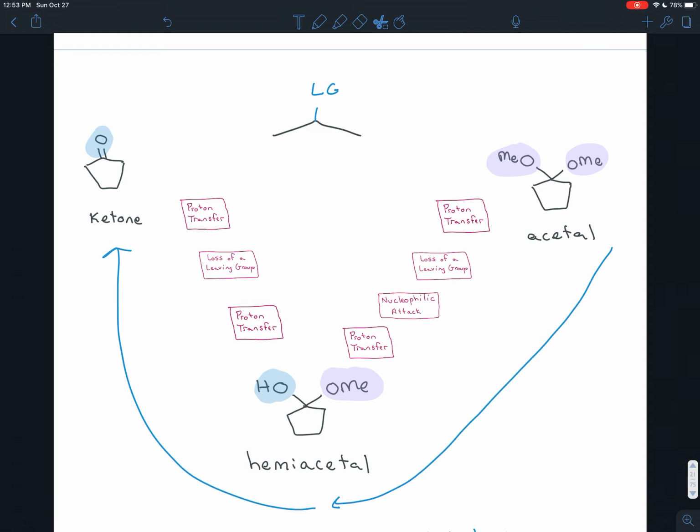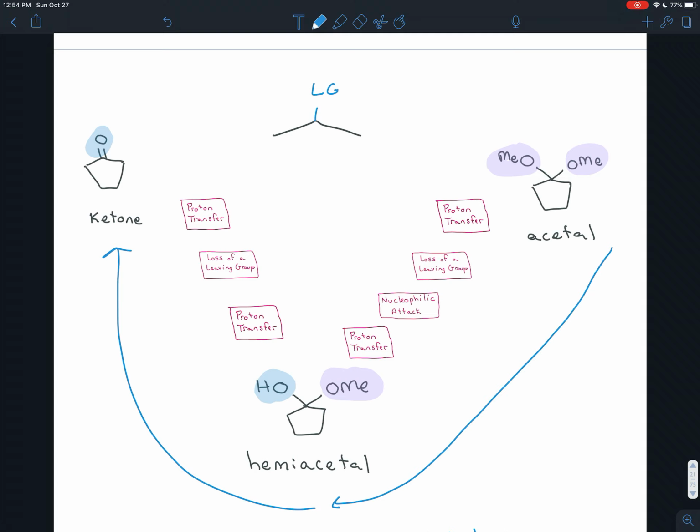So in the reverse direction, we're going to have a very similar journey, a very similar set of steps, flowchart. We're going to go from the acetal to the hemiacetal, and that process is going to be bookended by proton transfers. But what was nucleophilic attack is now loss of a leaving group, and what was loss of a leaving group is now nucleophilic attack.